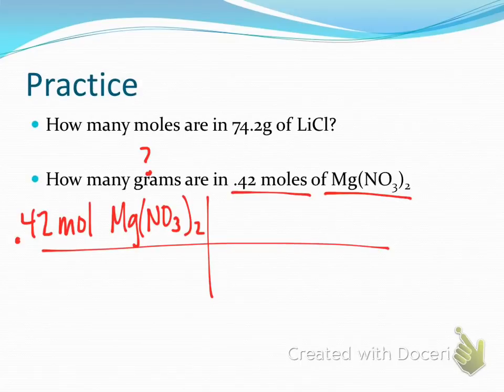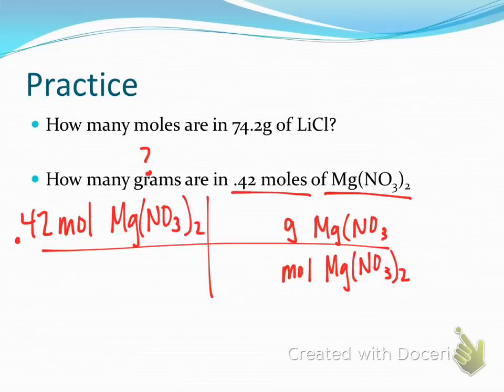In my T-chart, what should go on the bottom here? What am I trying to get rid of? Moles, and I'm trying to go to grams. And what does moles always get?